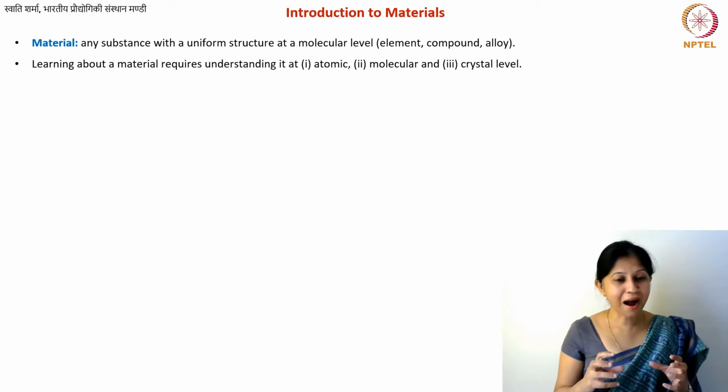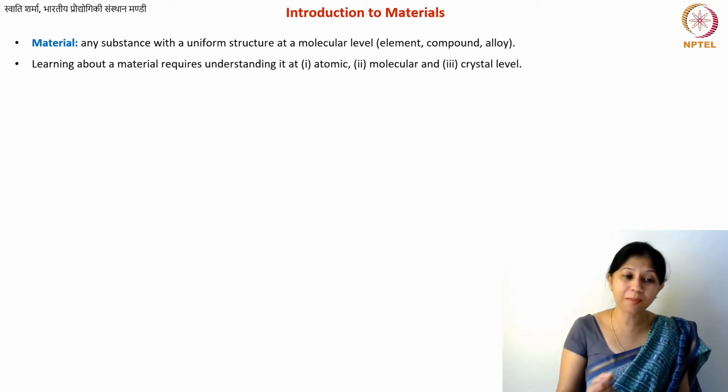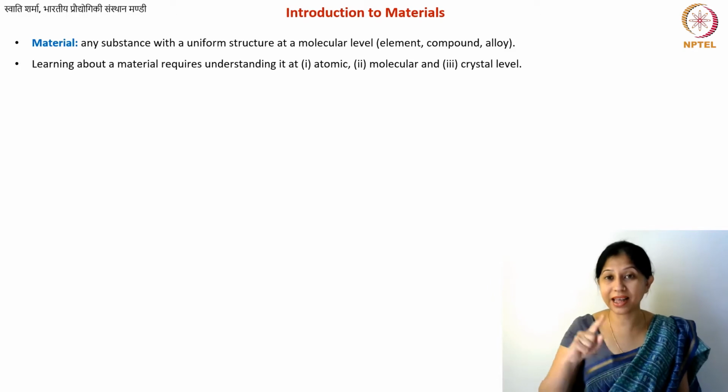The carbon atom remains the same in all carbon materials, irrespective of the scale at which you're using or manufacturing it. The carbon atom and its properties remain the same. What is different is the molecule, and accordingly the crystal structure may differ.